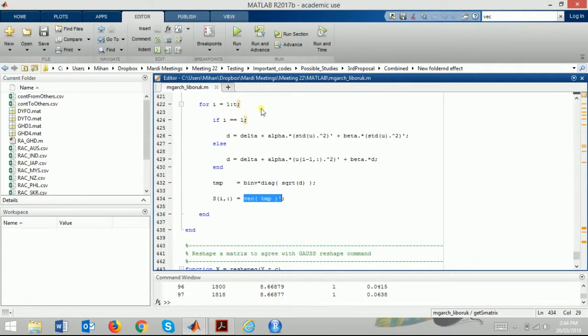Let's see, this has a different definition as we're calling this function here.